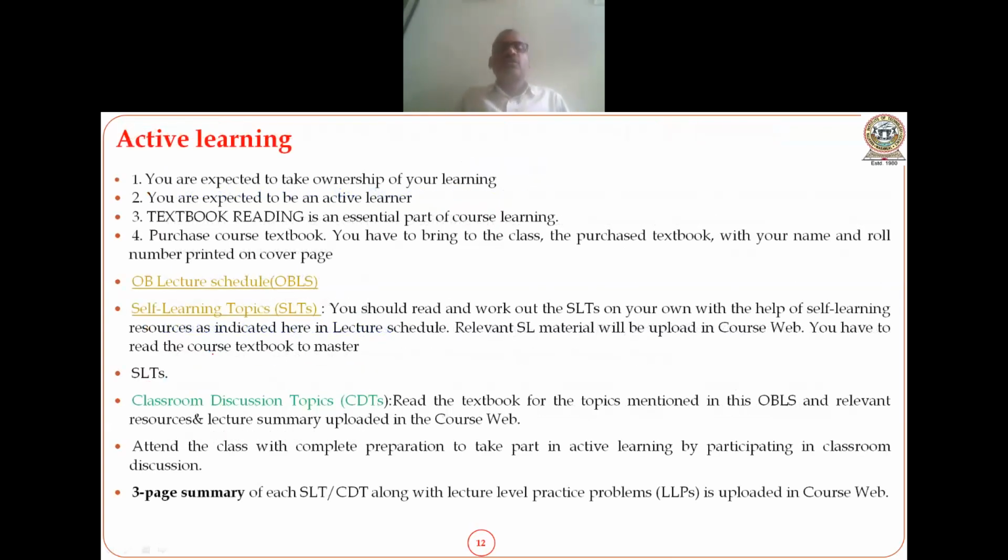In order to make the students involved in active learning, you are expected to take ownership of your learning. You are expected to be an active learner. You have to purchase the course textbook mandatorily, so that you can learn the concepts based on the outcome-based lecture schedule.